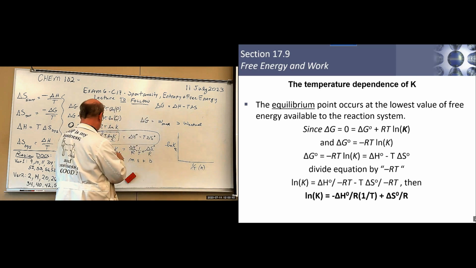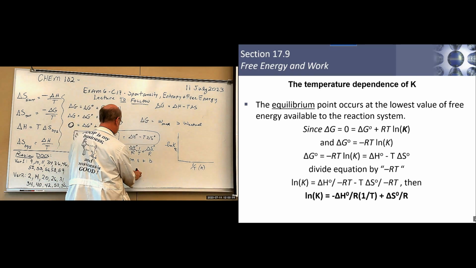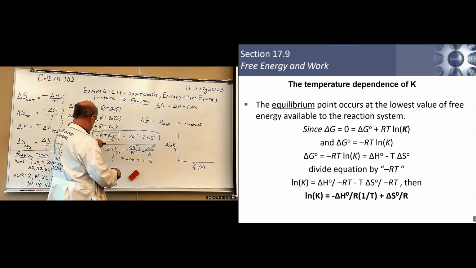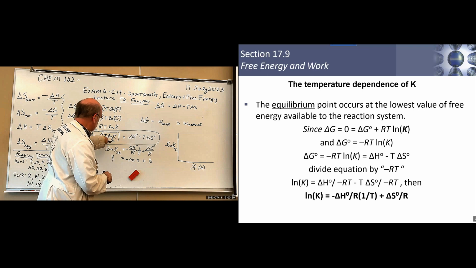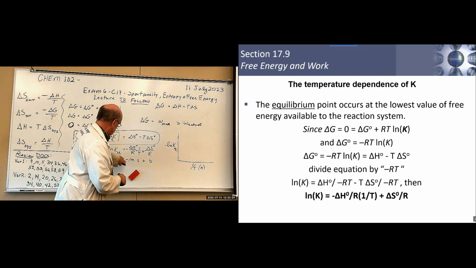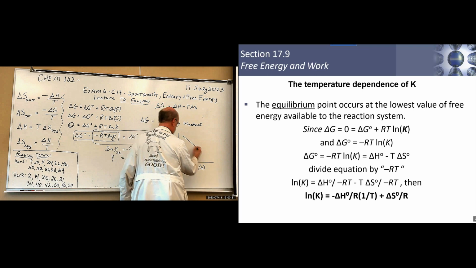Oh, my mistake. That's positive. This is negative, excuse me, because I divided by a negative RT. Negative RT over here, and then negative over here makes that positive. So we're going to get a negative slope, straight line.